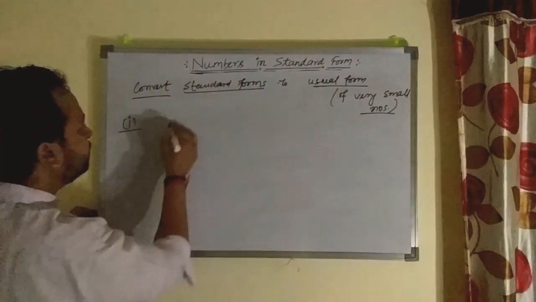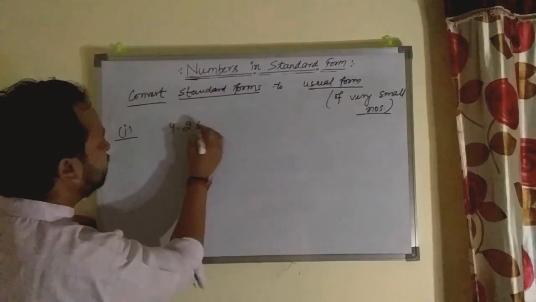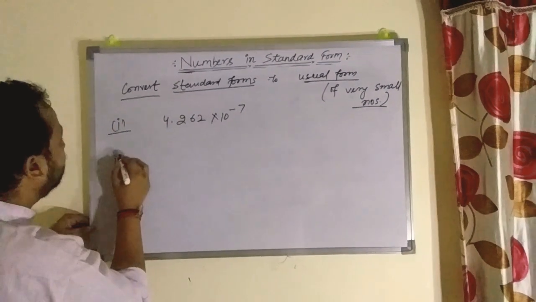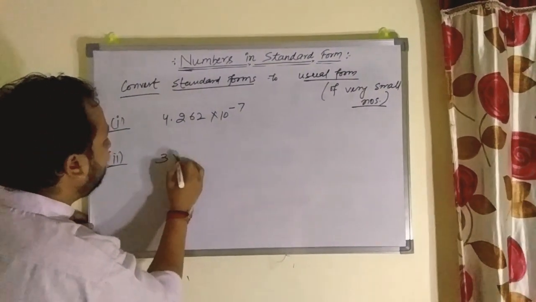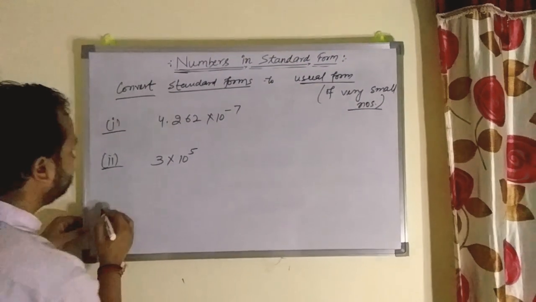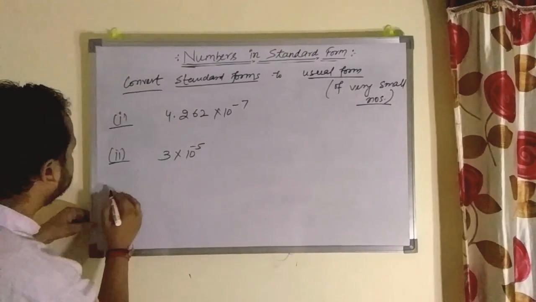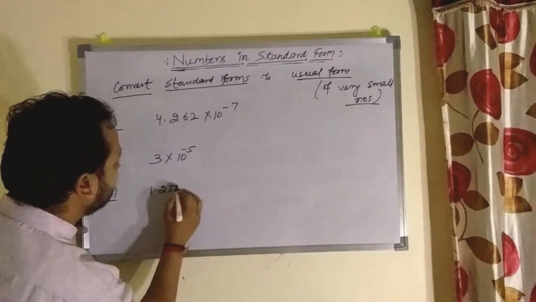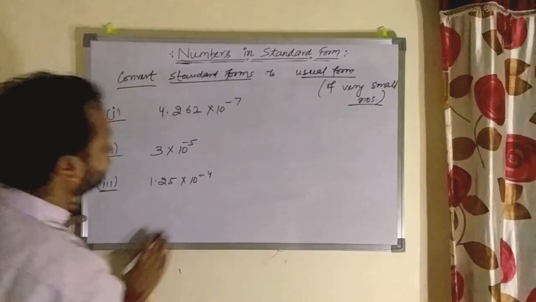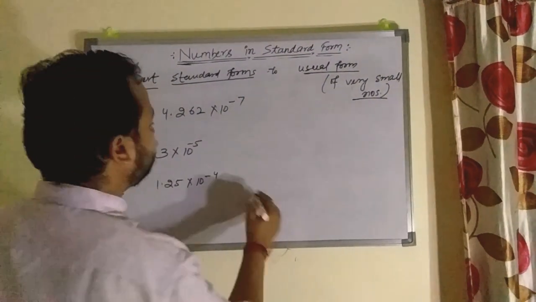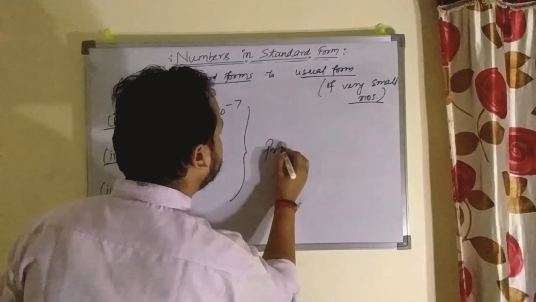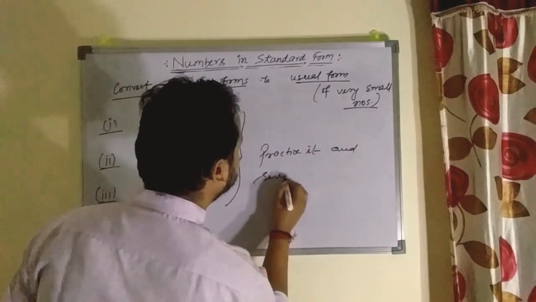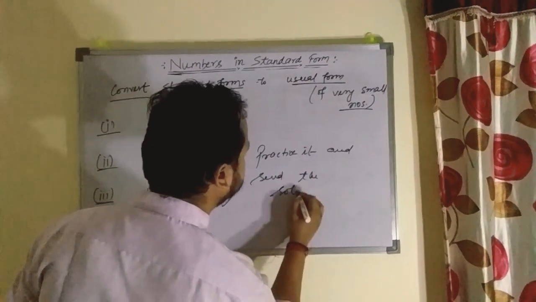Question number 1 is 4.262 into 10 to power minus 7, second, 3 into 10 to power minus 5, and third, 1.25 into 10 to power minus 4, right? These questions you have to practice and send the solution.